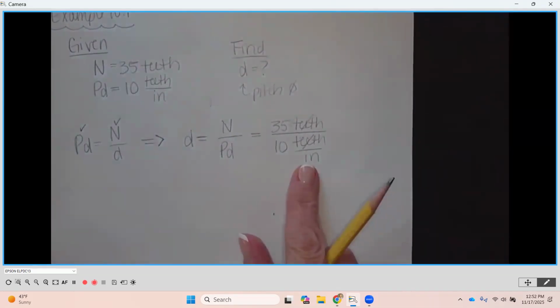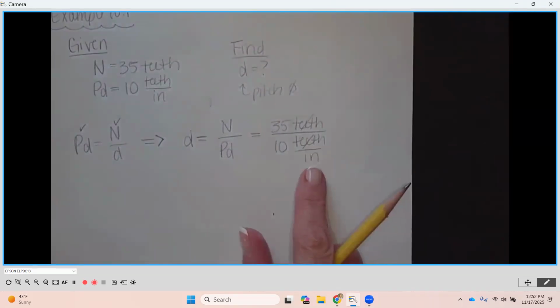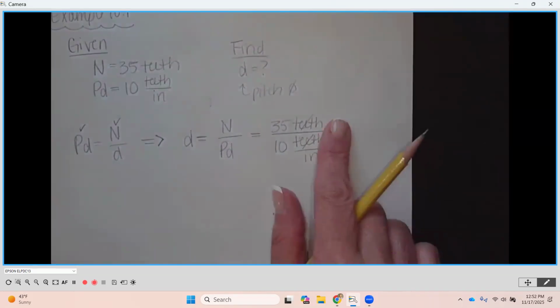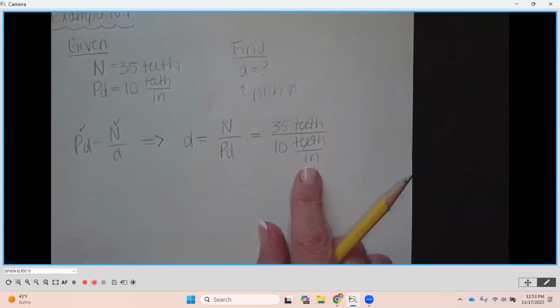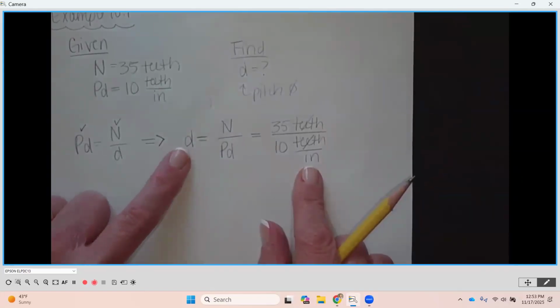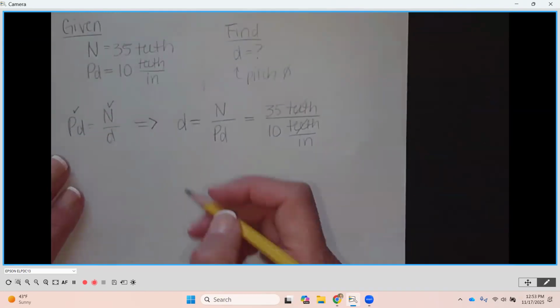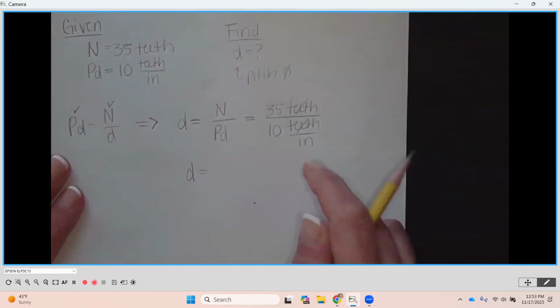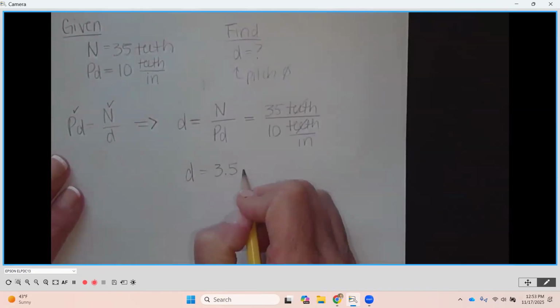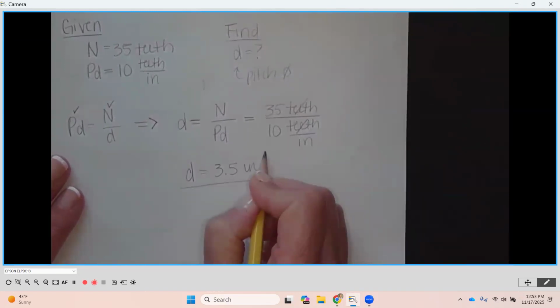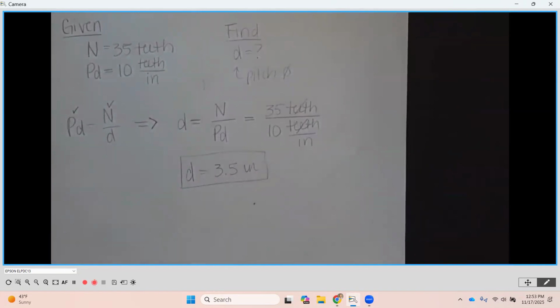Now our inches are in the denominator of our equation, so that means that it multiplies up on top. So the units here are inches, which we are expecting for a diameter, right? For our pitch diameter, we're expecting inches. So if we solve here, 35 divided by 10, we're going to get 3.5 inches is our pitch diameter.